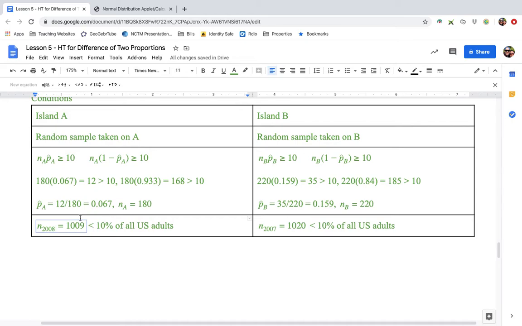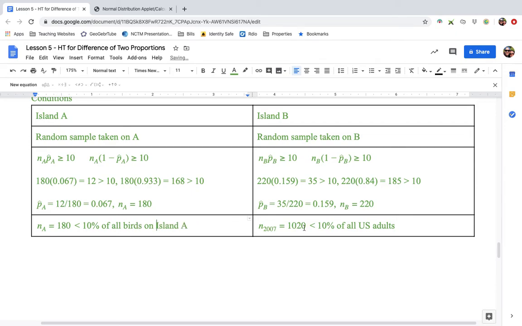The next thing here is our independence check. The sample size for island A was 180 birds. That's probably reasonably less than 10% of all birds on that island, if we're assuming we have a pretty large island.